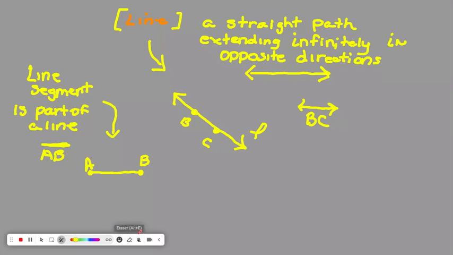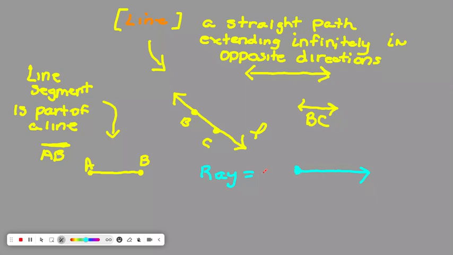Let's erase this now. Or maybe we'll squeeze in, use another color. See how this blue works. We'll say a ray. So a ray has an endpoint or a starting point, and then it goes on forever. So it's like a mixture of a line segment and a line.